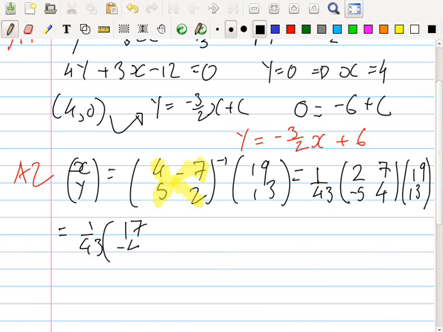Is that right? I sure hope so. Let me just double check that first one. Oh, I think I did a sign mistake on the top one, sorry. 2 times 19 plus 7 times 13. 129. Sorry. 129. Nice. Which is 3 and minus 1.